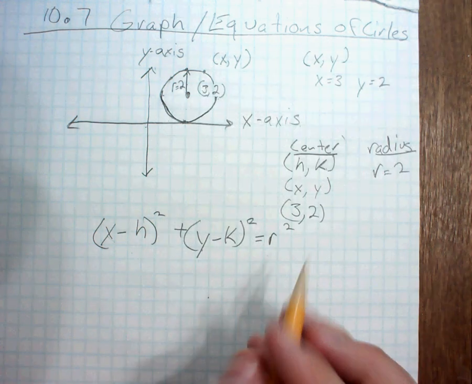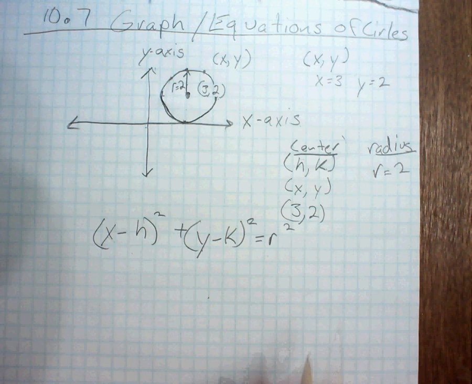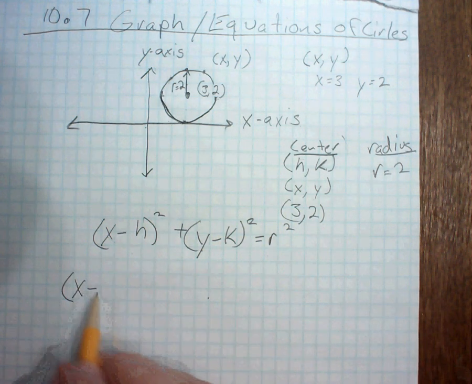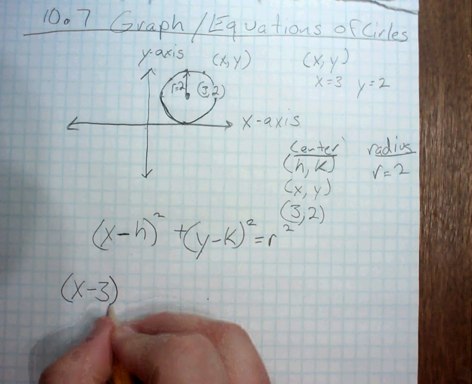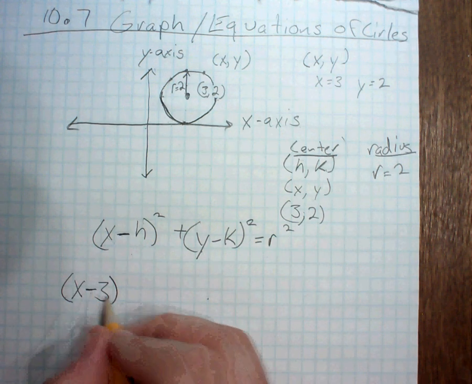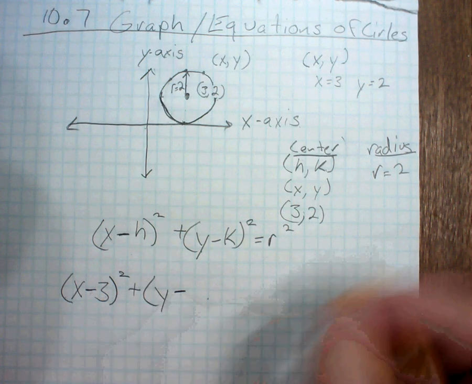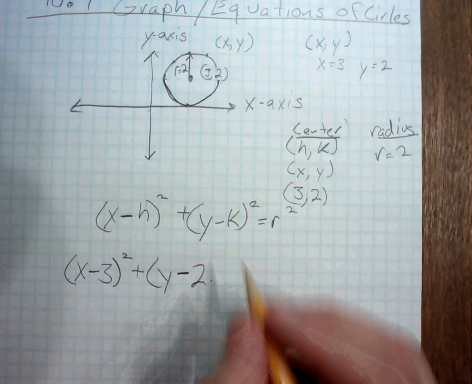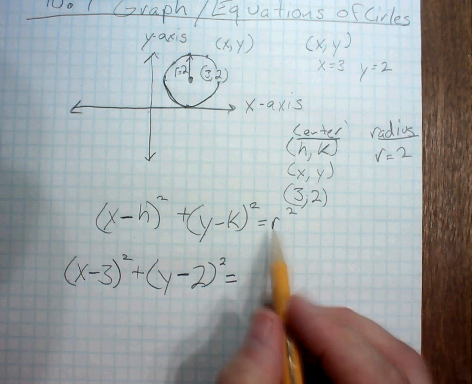So then if I were to write the equation of this particular circle, I just plug in what I know. Well, I know that x is just going to be x minus h. H is a positive 3, but the formula has a negative sign, so it's still x minus 3 plus y minus k. K is positive 2, however the formula has a minus sign, squared, and that's equal to r squared.